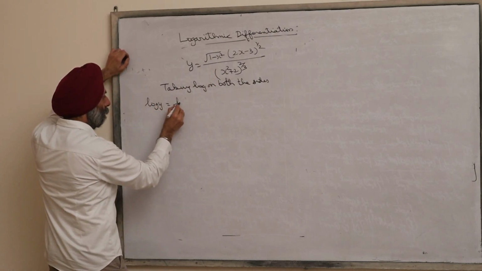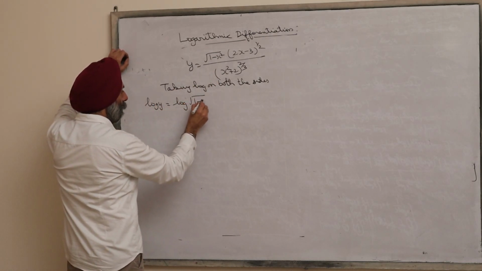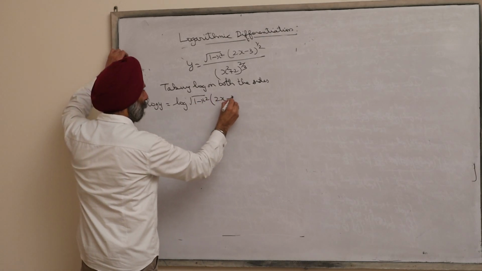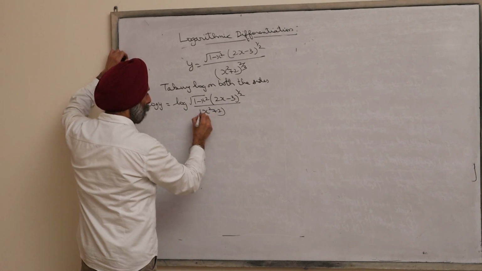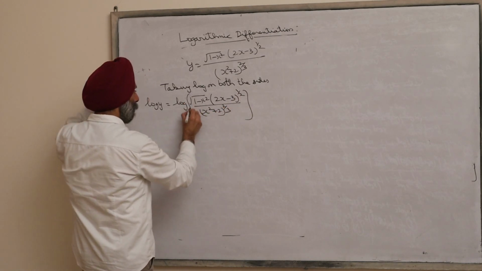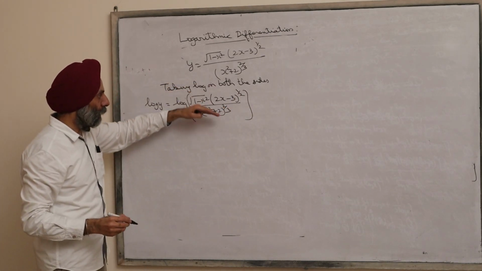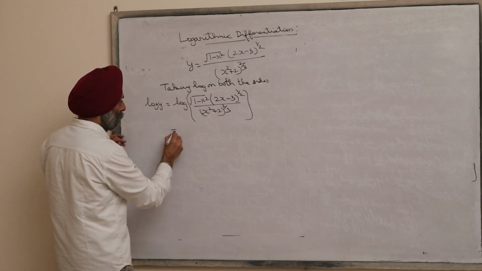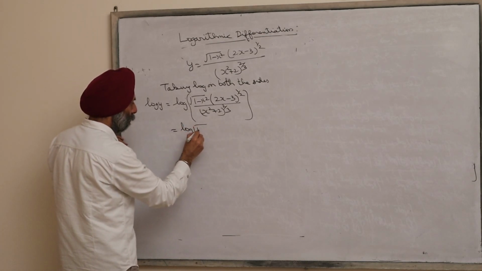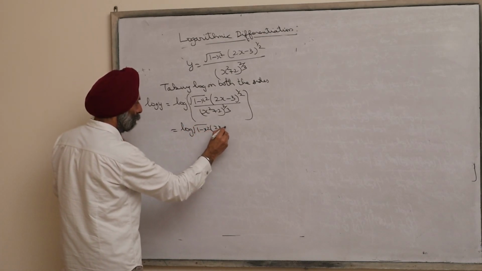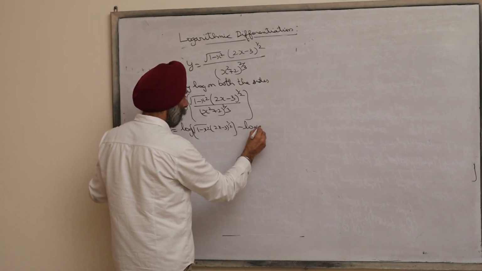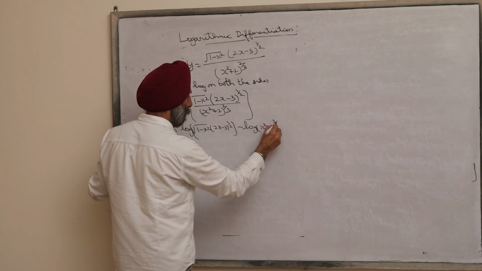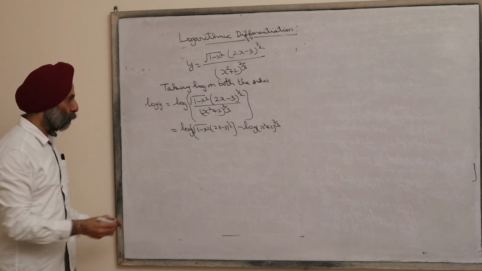So log of y is equal to log of (under root of 1 minus x square into (2x minus 3)^(1/2)) upon (x square plus 2)^(2/3), which is of the form log m by n. So it is log of (under root of 1 minus x square into (2x minus 3)^(1/2)) minus log of (x square plus 2)^(2/3).